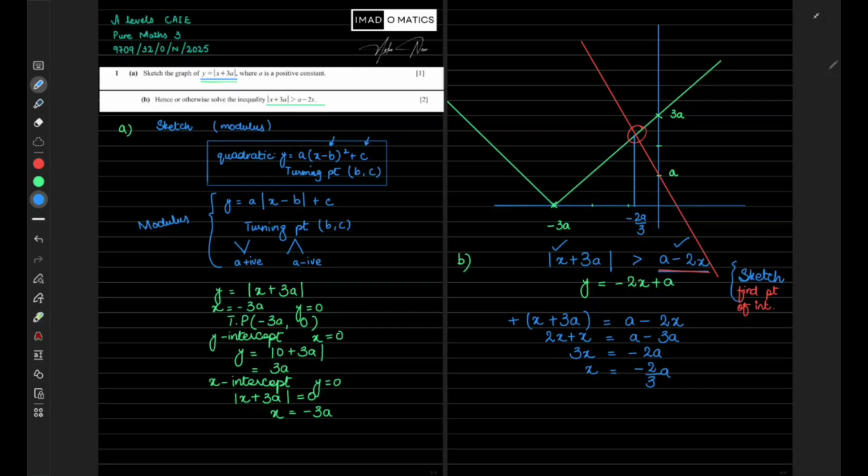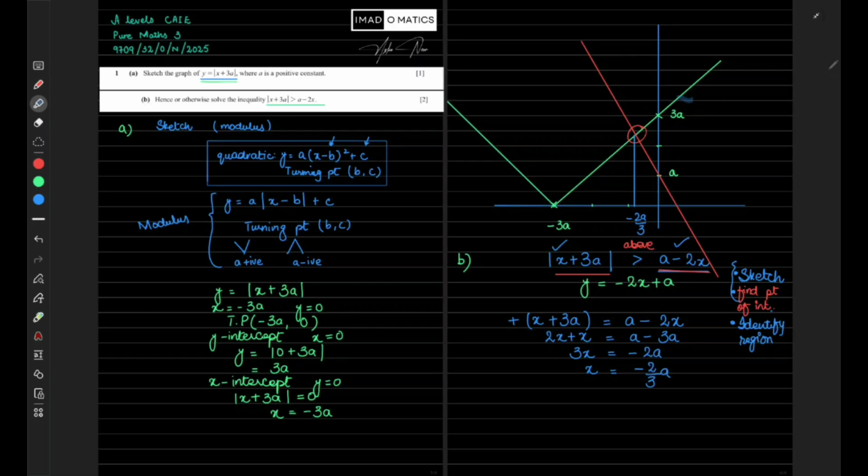Now that we have found the point of intersection, we have to identify the region. What is the region where the modulus is above the line? Where the modulus is greater means above the line.